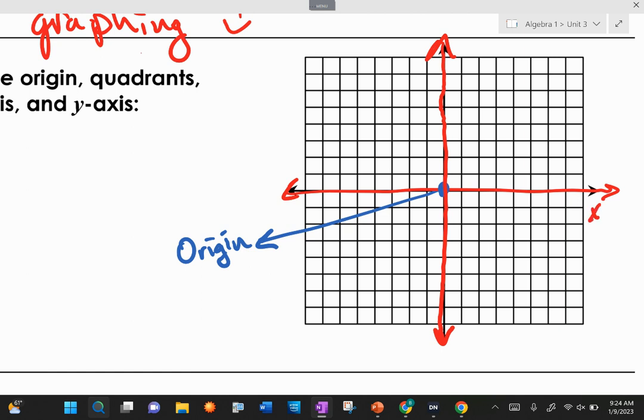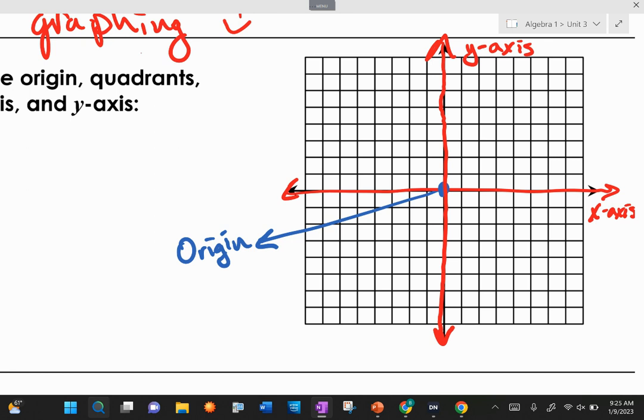Yeah, so we've got the x-axis right here. We have the y-axis going vertically. And the quadrants are going to start with quadrant 1, but they go in counterclockwise order.